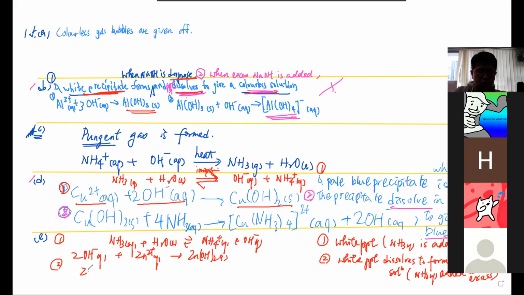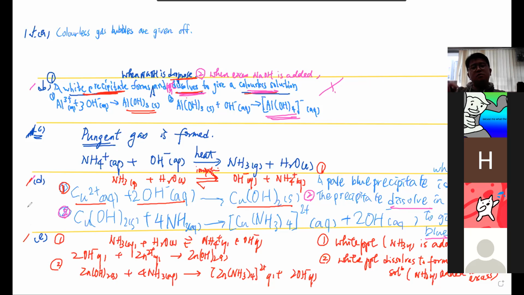Whilst stage number two, zinc hydroxide solid reacts with 4 ammonia to form the complex, tetraamminezinc ions, and 2 hydroxide ions.